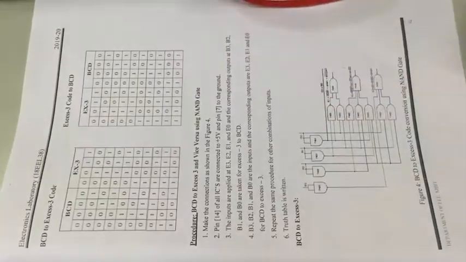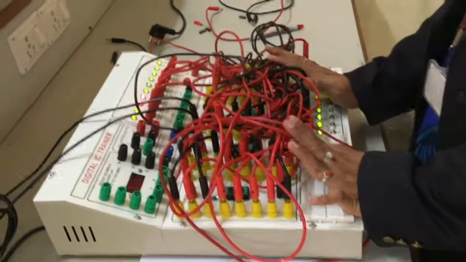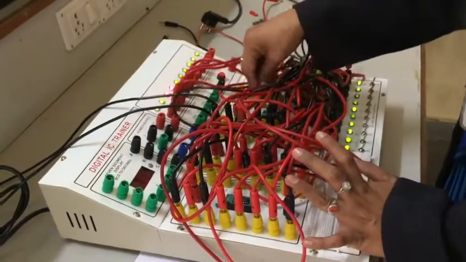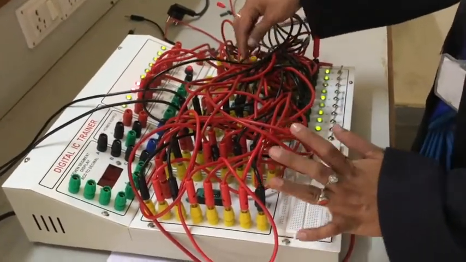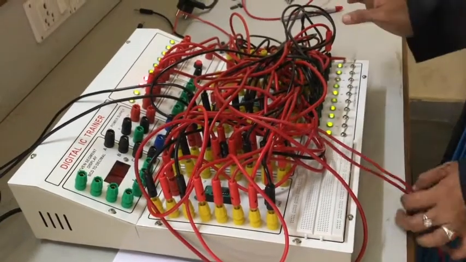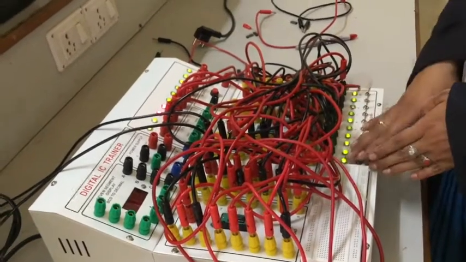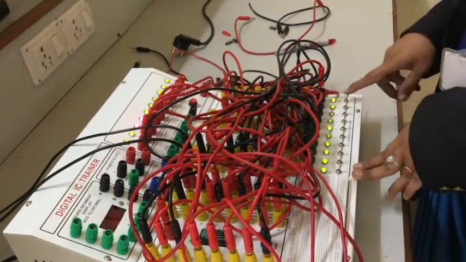Now we'll see the circuit as such. This is the BCD to XS3 connections that we have made. Again, it uses many inputs, so we have many patch cords connected. I have one set of input, this is the binary, and this is Cin.